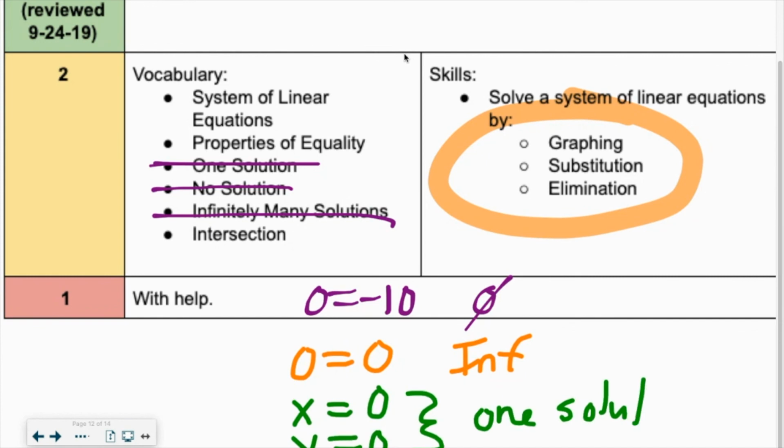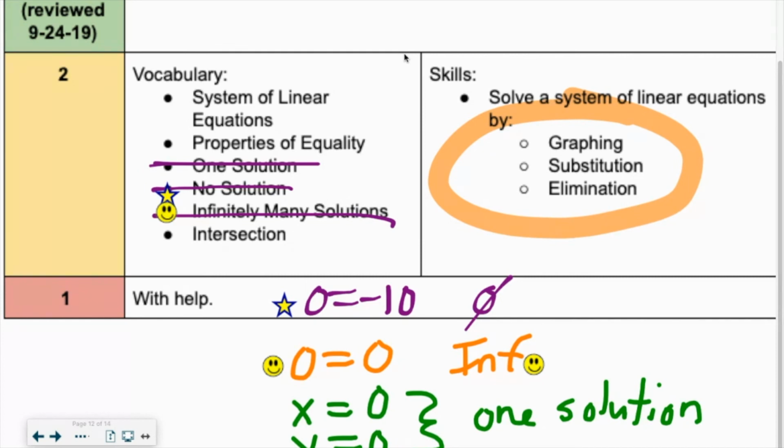So you'll have a point. So be very careful that you pay extra close attention that if it's 0 equals negative 10, false statement, no solution. If it's true, 0 equals 0, you have infinitely many solutions.